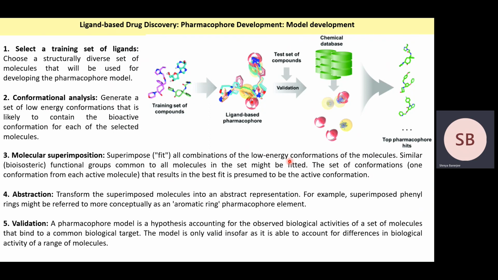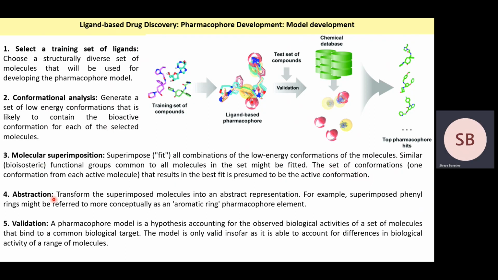All these low energy conformations are fitted together. For example, if you have two ligands, both having an aromatic group, then the aromatic groups are fitted together. The positively charged pharmacophore regions are fitted together. Like that, the set of conformations that has the best fit forms the active conformation.